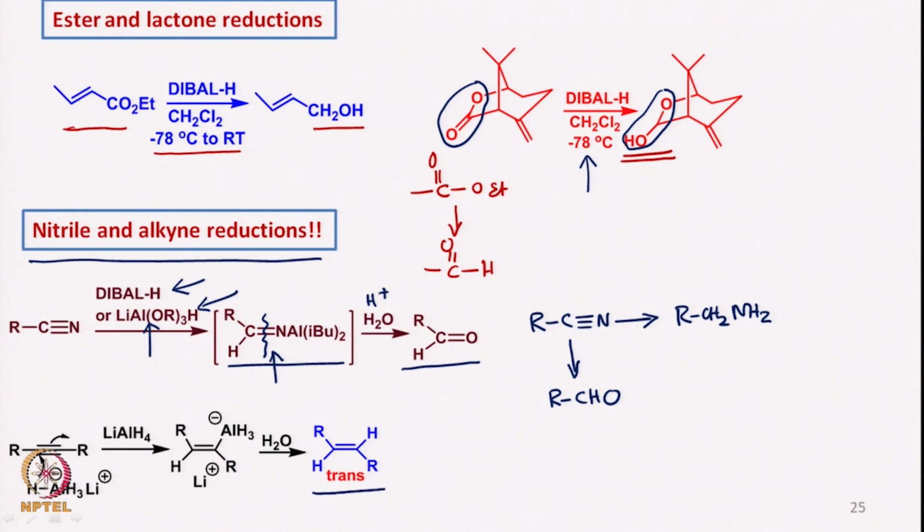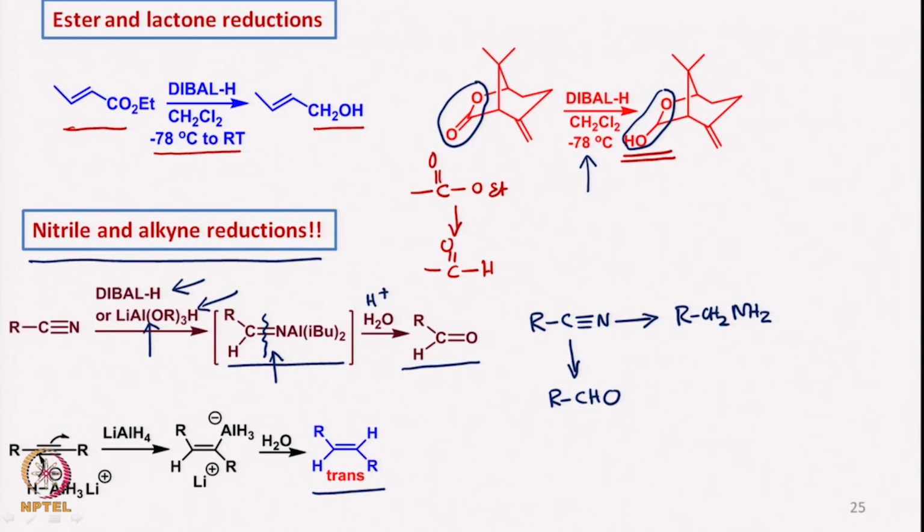What is happening here is, when the aluminum hydride, AlH4 minus, interacts with the triple bond, the pi electron cloud moves away to the other side of the double bond, and the hydrogen from the aluminum hydride, which is negatively charged, attacks from the opposite side of that movement of electrons.